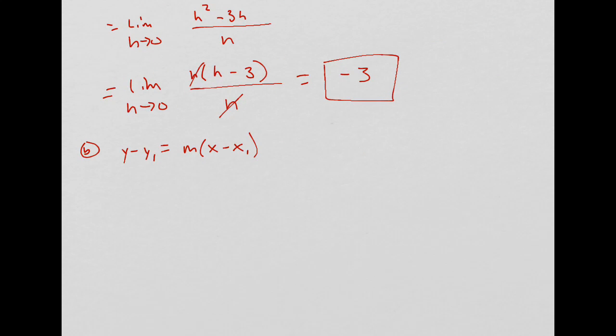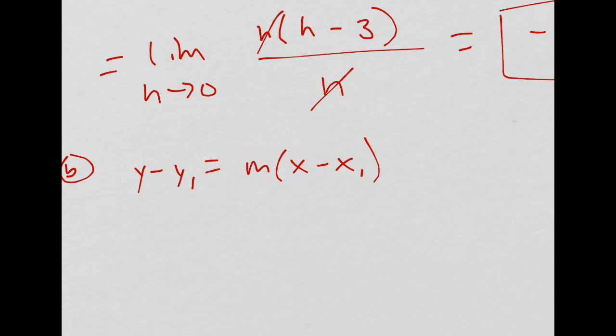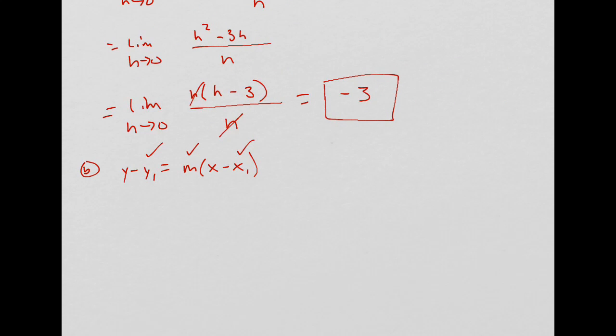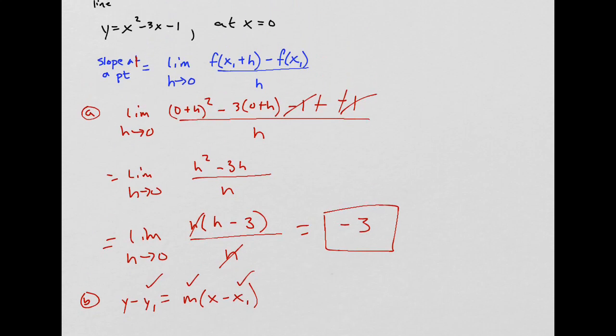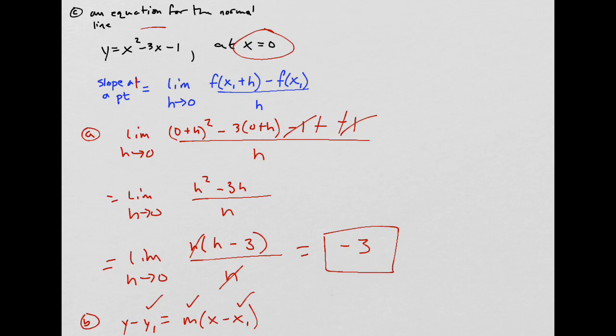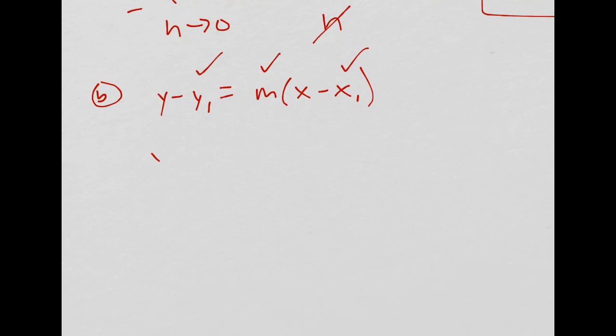So I need m, I need an x1, which I have, and I need a y1, which I do not have. How do I find that y1? Well, plug in my x1 to my equation. y1 is negative 1. Easy. So y1 equals negative 1.